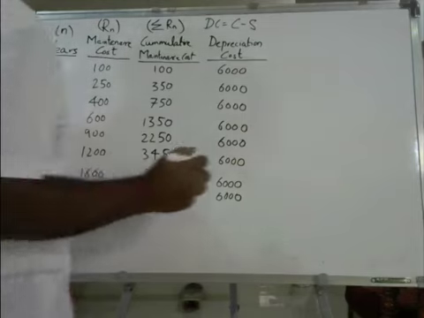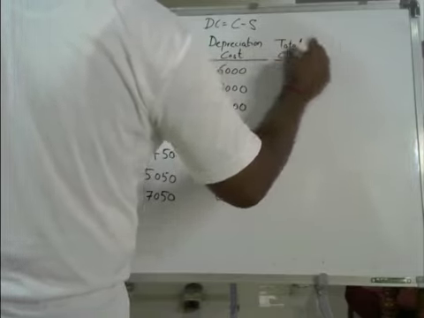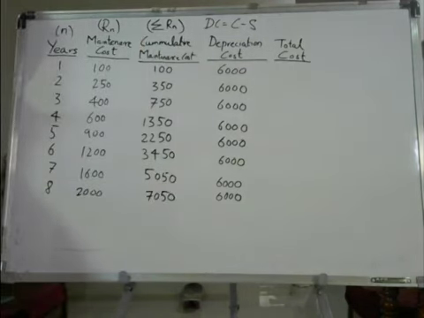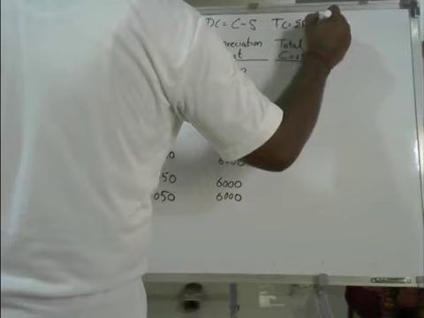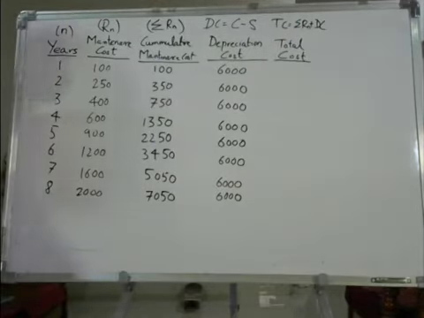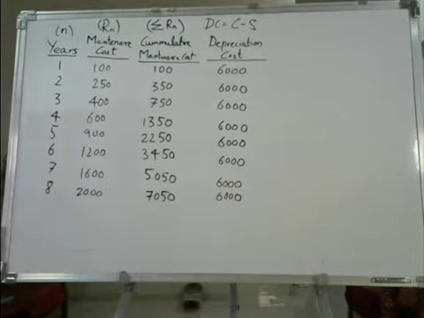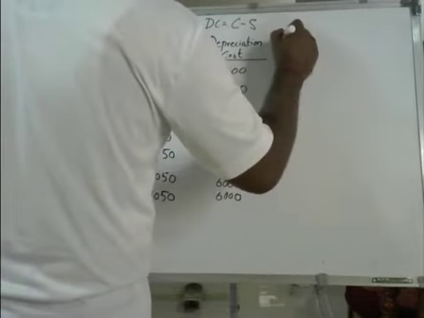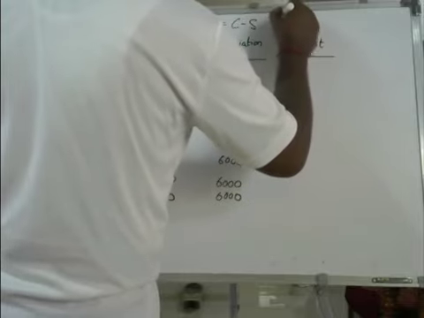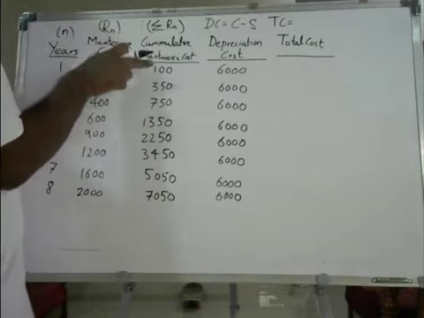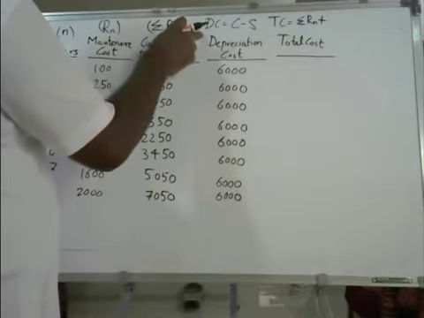Now after this, we need to find the total cost. The total cost is equal to the cumulative maintenance cost, that is summation of Rn, plus the depreciation cost.